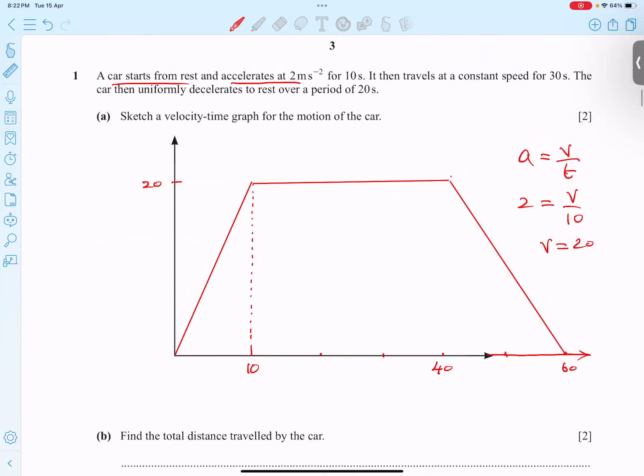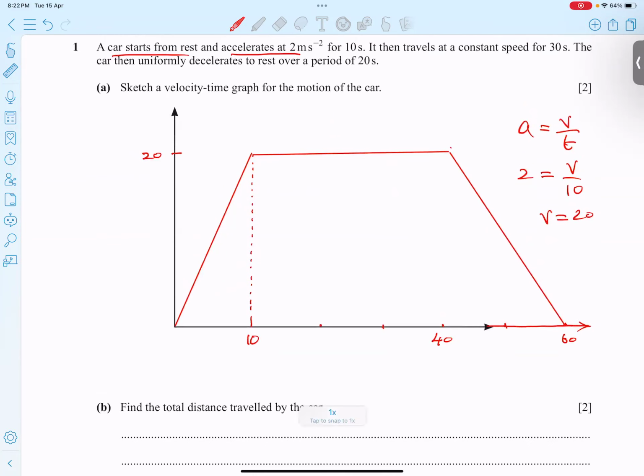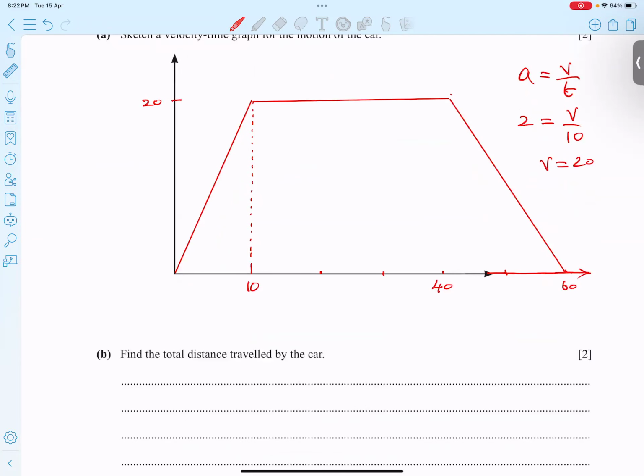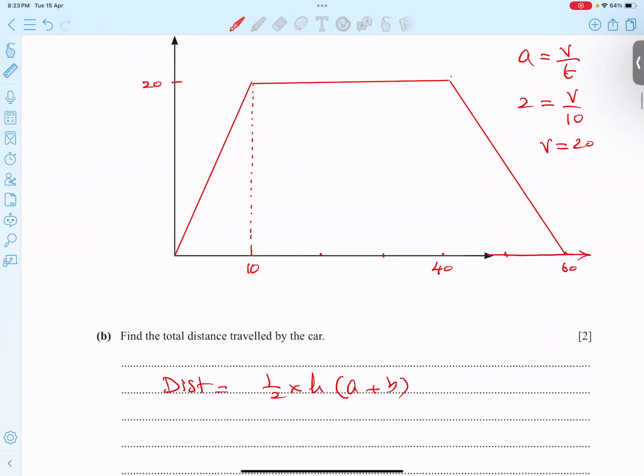Anyway, so total distance traveled is very simple. We can find it, and the distance traveled formula is the trapezium formula, half into h into a plus b. And what is the h? Basically, all of you are familiar. This is called a. This is called b. A is 40 minus 10. If I mark here.